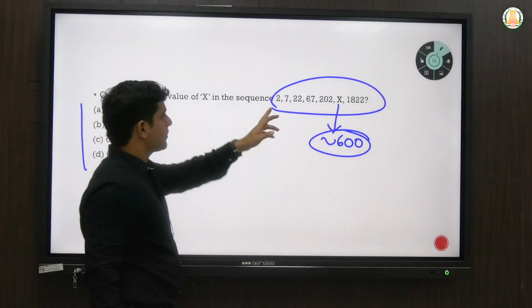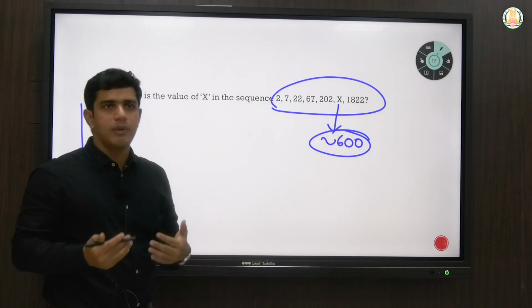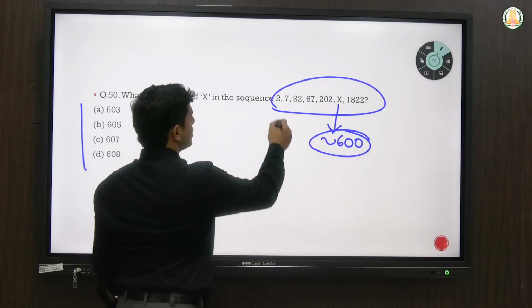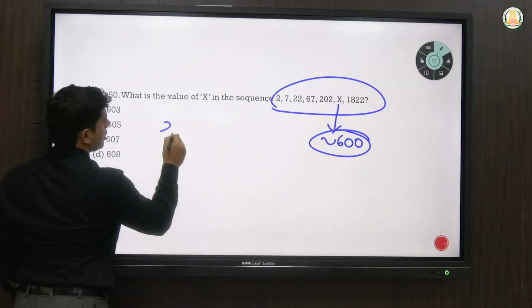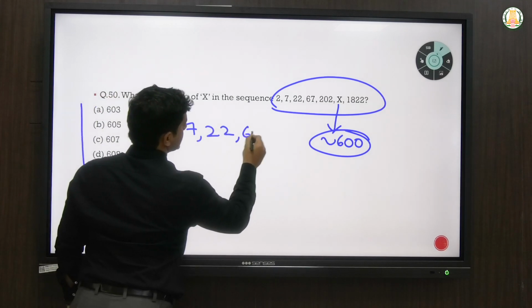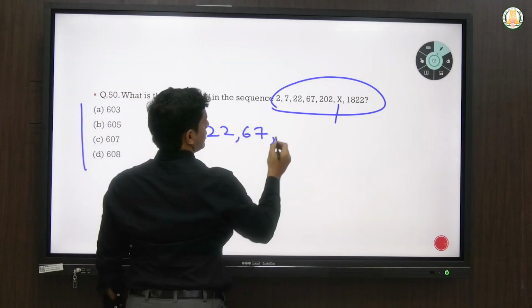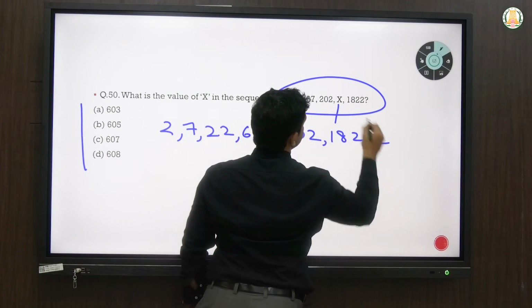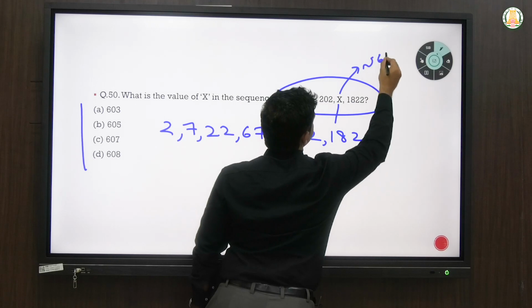Now, again, we have to go by first principles. Let's find the difference between them. Now, we have 2, 7, 22, 67, 202 and 1822. This is in the range of 600, we know.